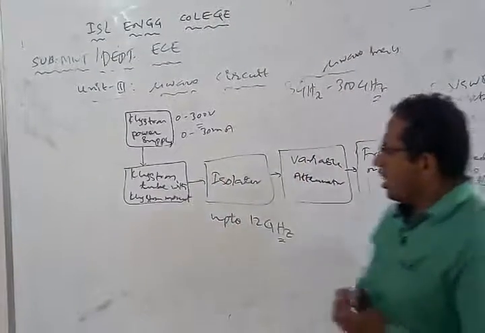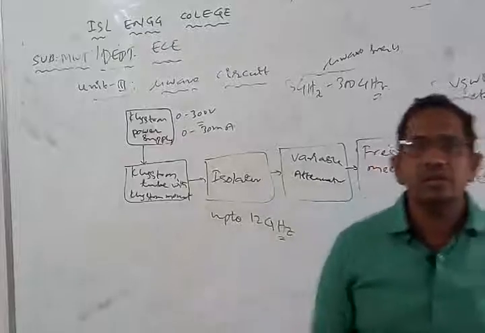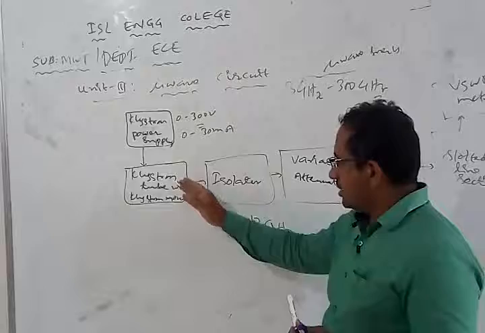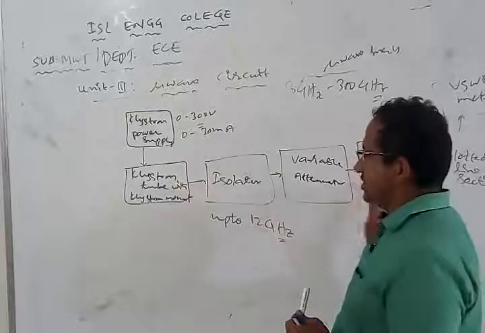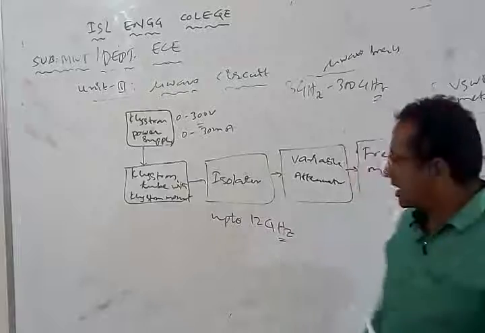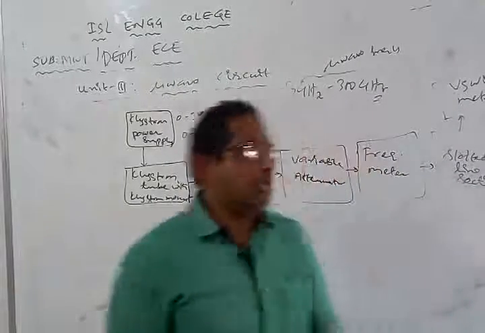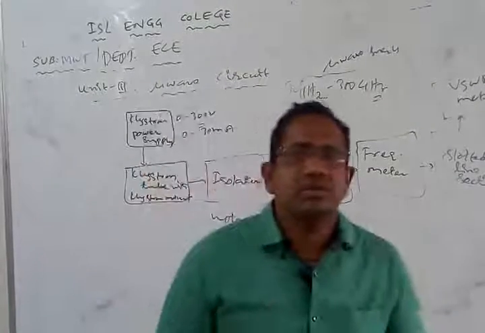Right. So after the klystron power supply generates the microwave signals, this particular signal, which is going to be a very high frequency signal, has to be processed. In order to do that, we have a component known as an isolator. What does isolation mean? Isolation is nothing but separation.